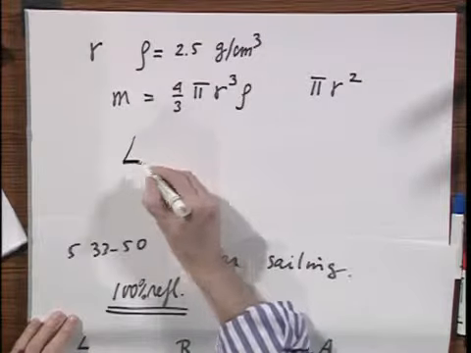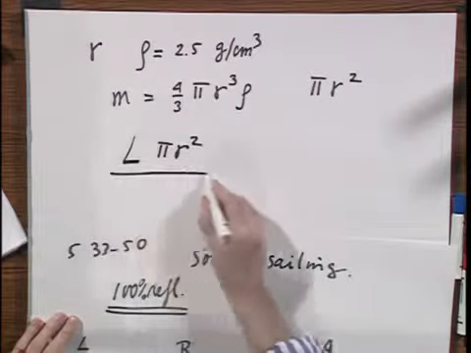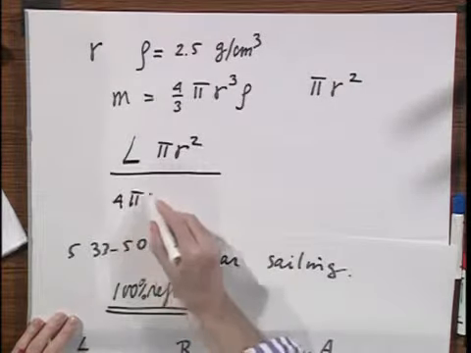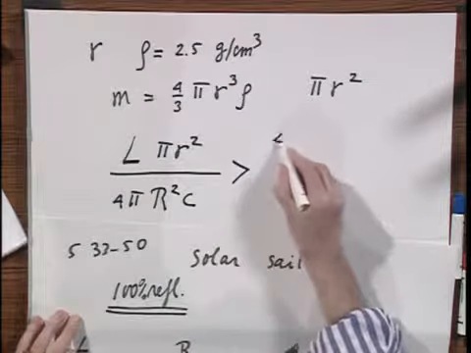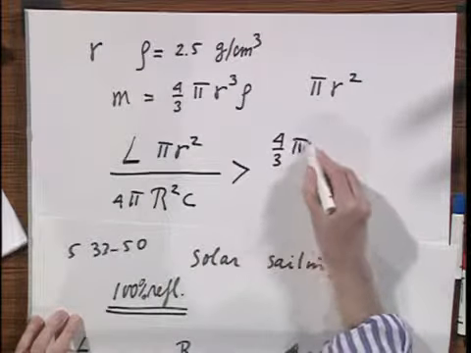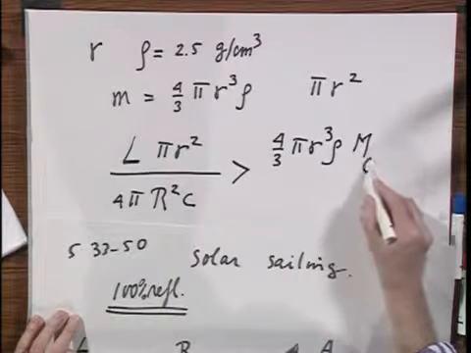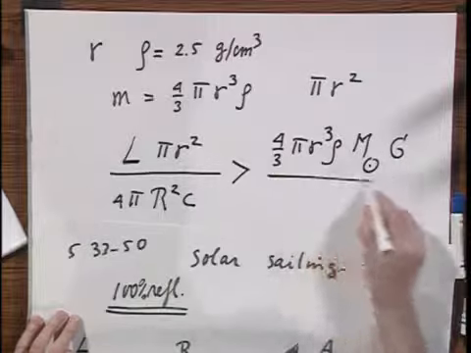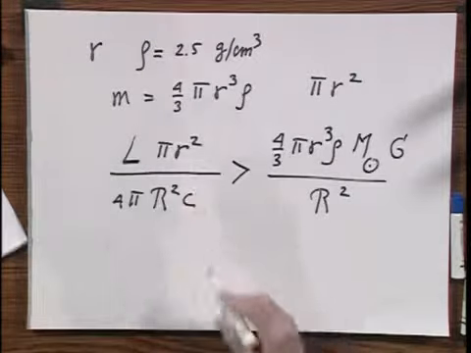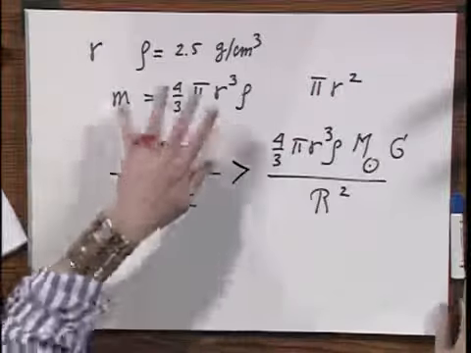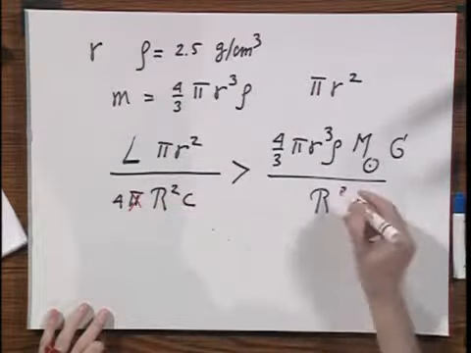So I would get that the luminosity of the sun times the cross-sectional area of the grains divided by 4 pi r squared c must be larger than 4/3 pi r cubed times rho times the mass of the sun times g divided by r squared. That would be the condition for these grains, if this were the only thing that mattered in the solar system, to be blown out of the solar system.